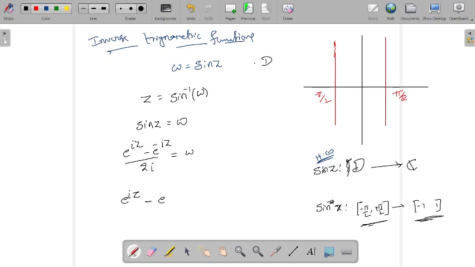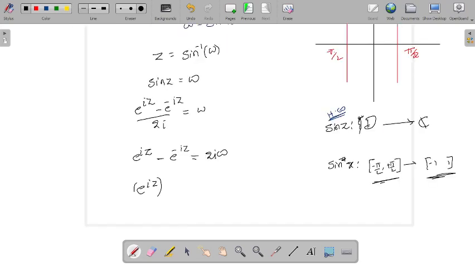Now we take it to the denominator and take LCM, then you'll get e power iz whole square minus 1, and let me bring it to the other side, so minus 2iw into e power iz, which is equal to 0.